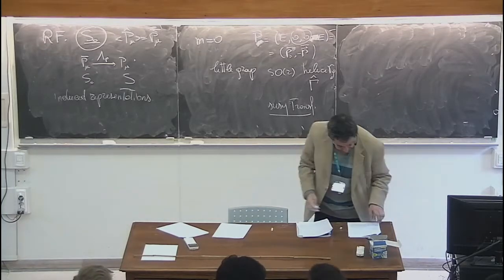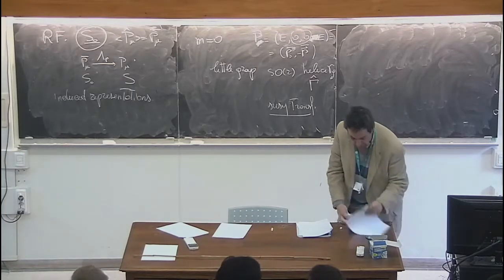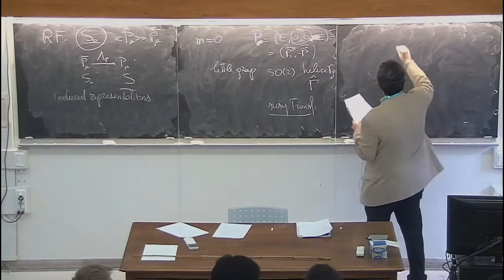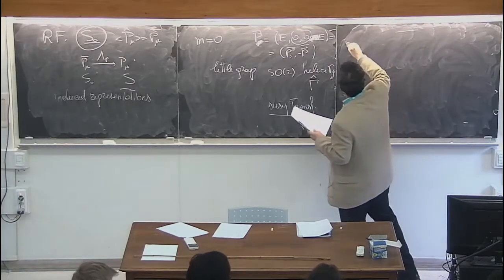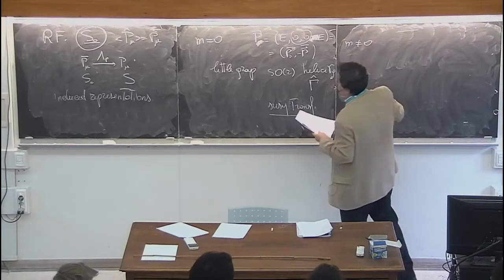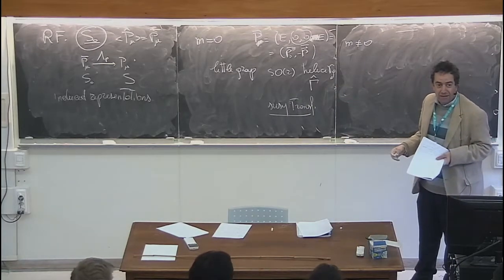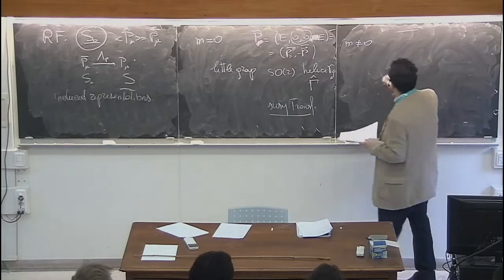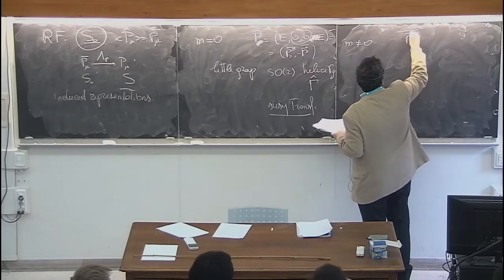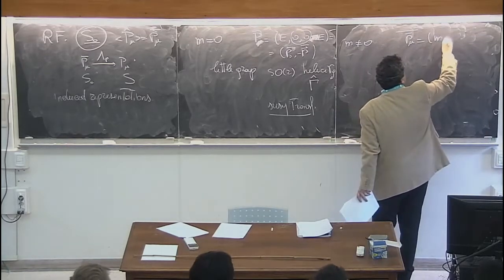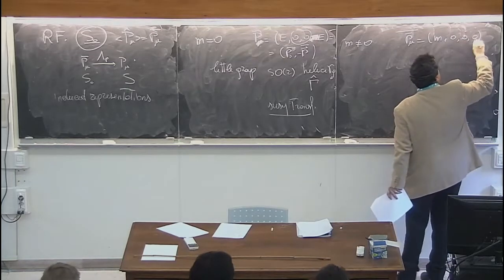So let us start with the massless case. For massive particles we can choose the rest frame as a reference frame. So P bar mu equals M000, rest frame.